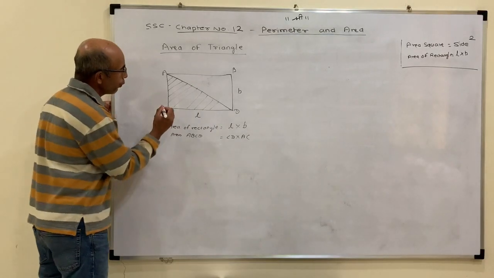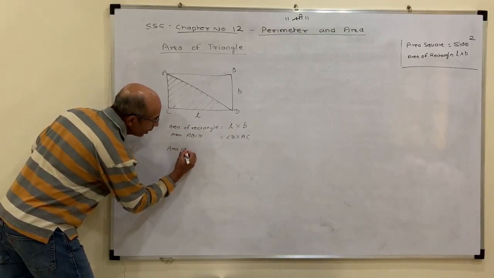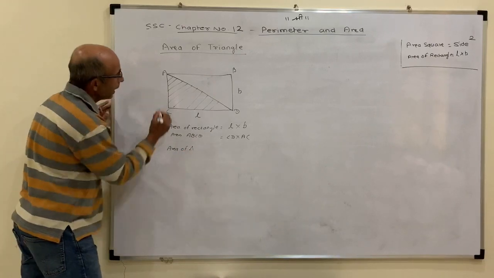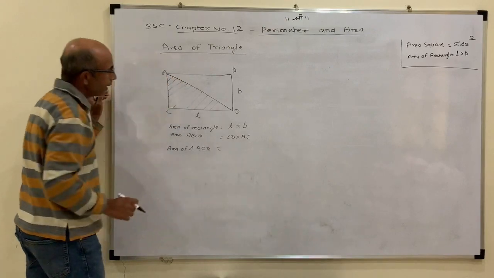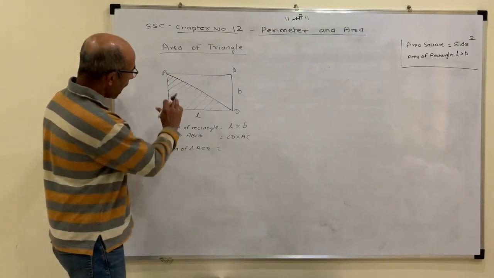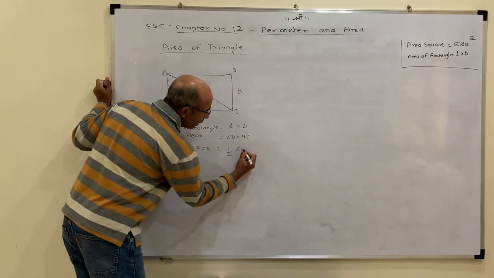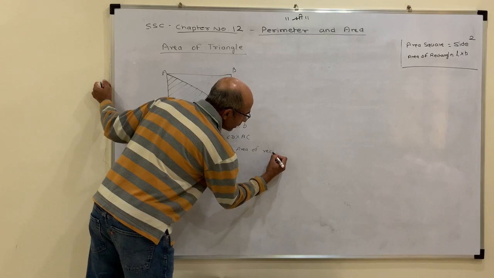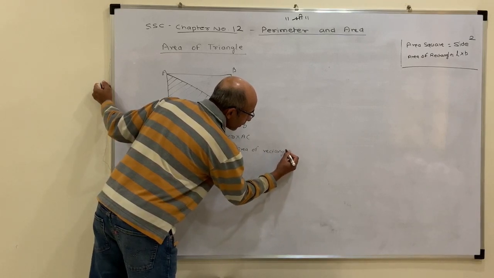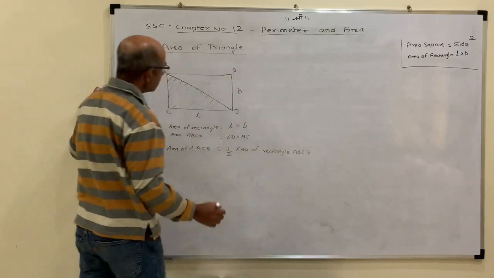Now if I want to find area of triangle ACD, the area of triangle ACD is half of the area of rectangle ABCD, right?